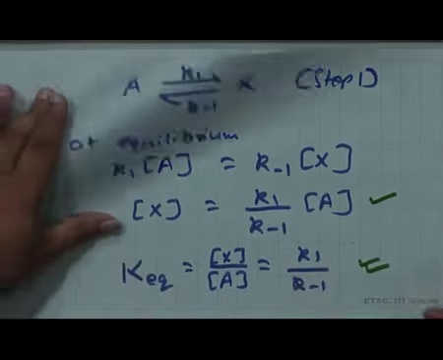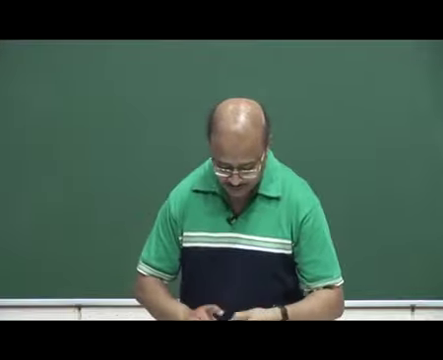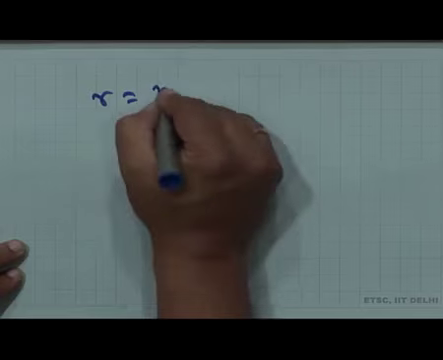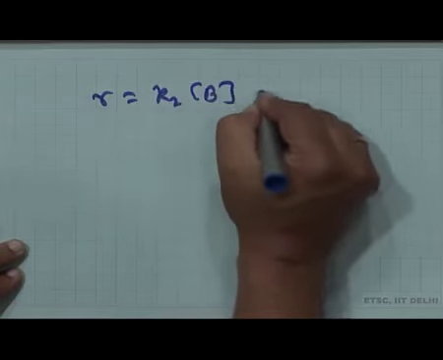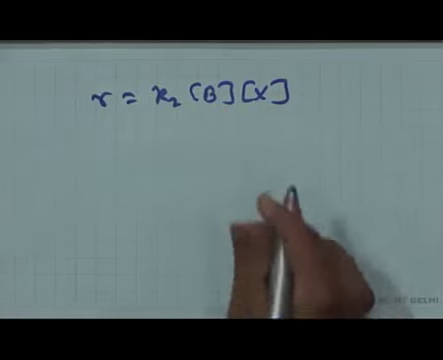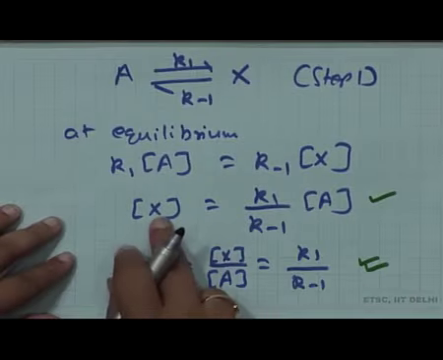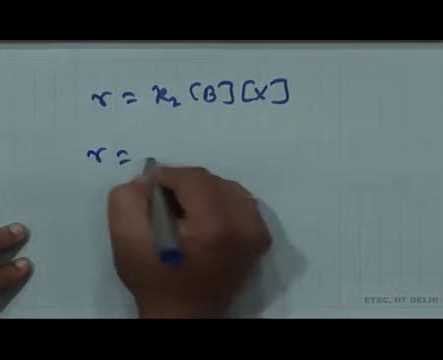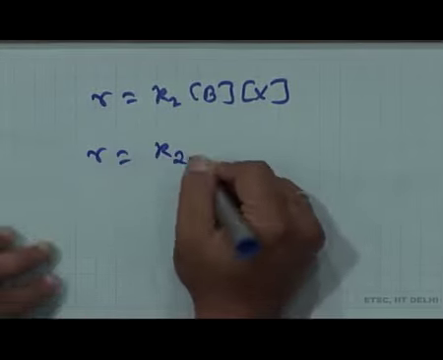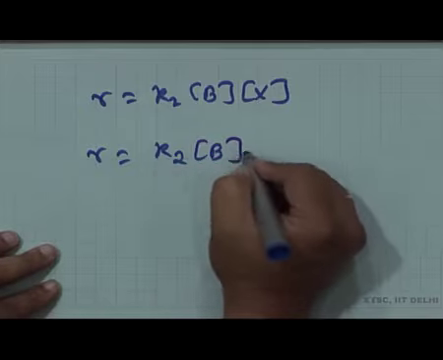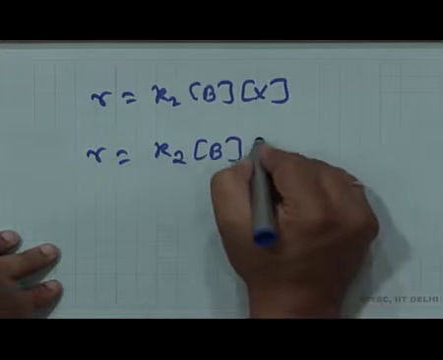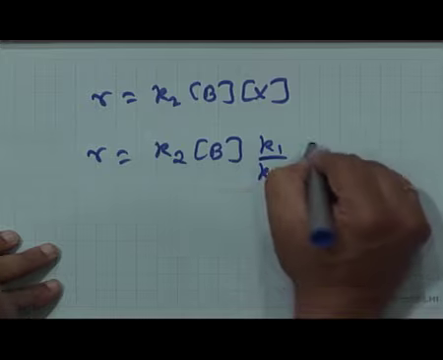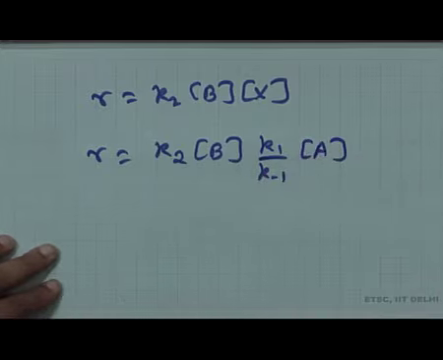That means now my rate becomes, so rate was K2 times concentration of B times concentration of x. Now based on the fact that x is equal to this, I can write R is equal to K2 times concentration of B, and in place of concentration of x I put K1 over K minus 1 times concentration of A.